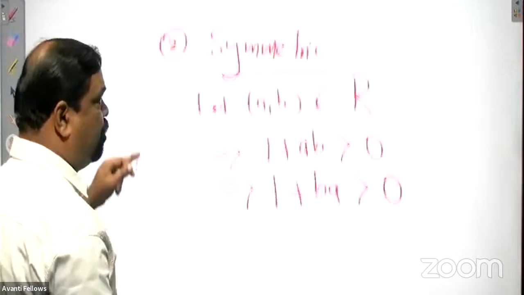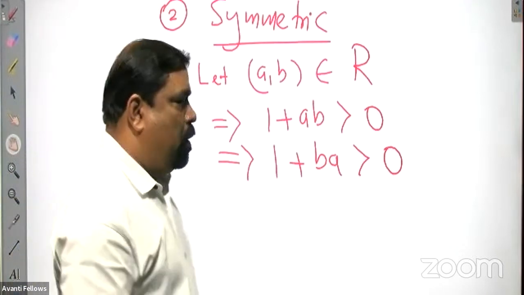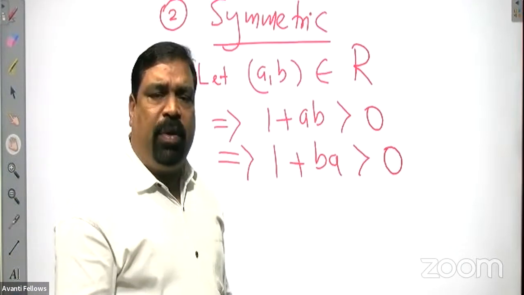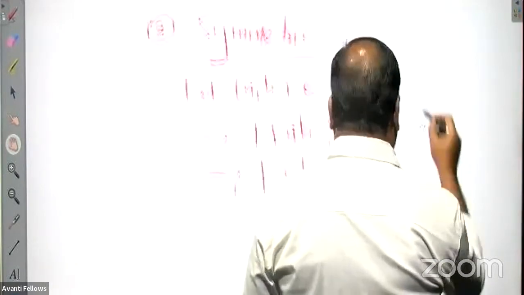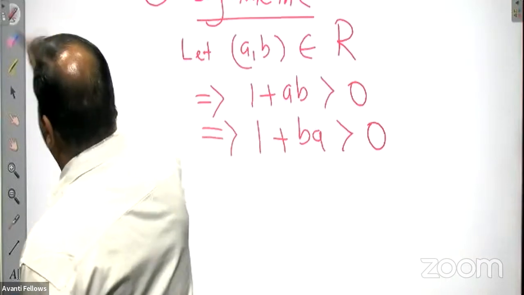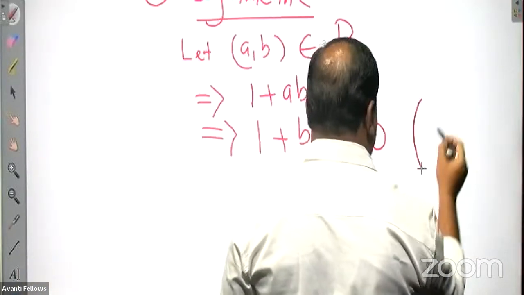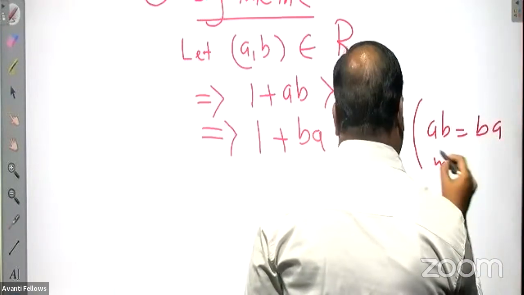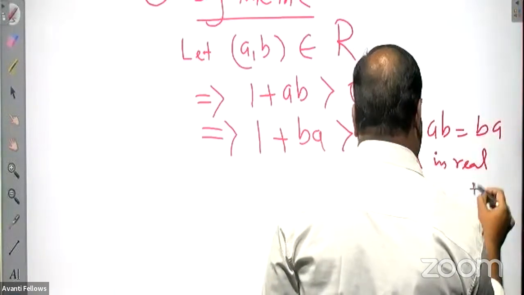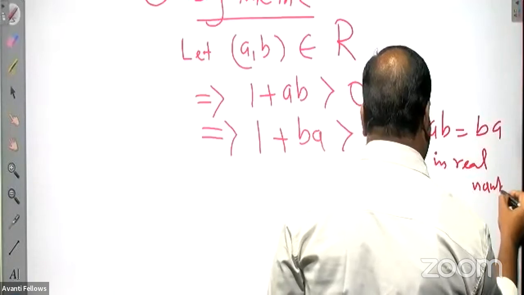Isn't it? AB is the same as BA because A and B are real numbers. The relation is on the set of all real numbers, so AB is the same as BA in real numbers. That is very clear.